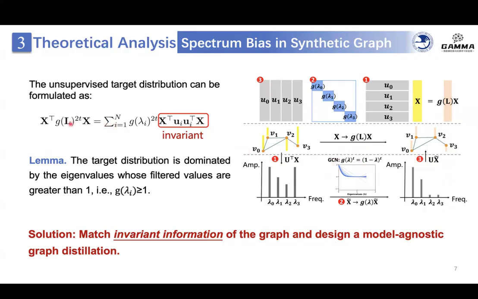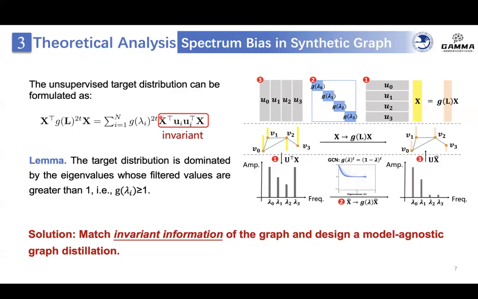And when the GNN stacks multiple layers, that is, T increases, the matching loss tends to emphasize the terms where G lambda i is greater than 1, because the corresponding weight, G lambda i to the power of T, is larger.